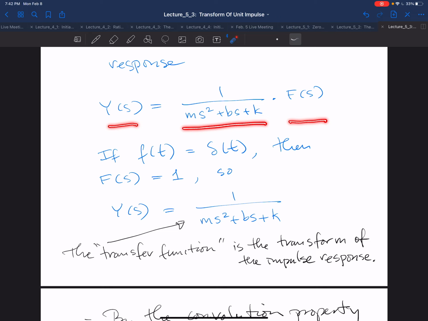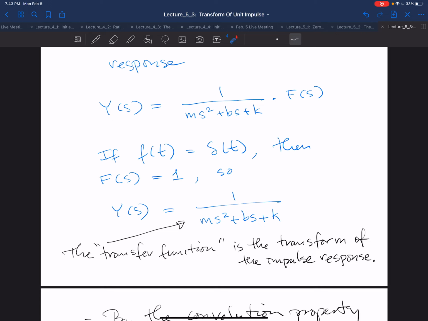So if the input is a unit impulse, this transform f of s is 1, which means that y of s is equal to this transfer function. Therefore, this transfer function is simply the transform of the response of the system to a unit impulse function when its initial conditions are all 0.